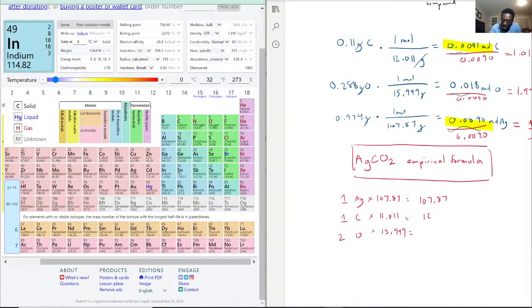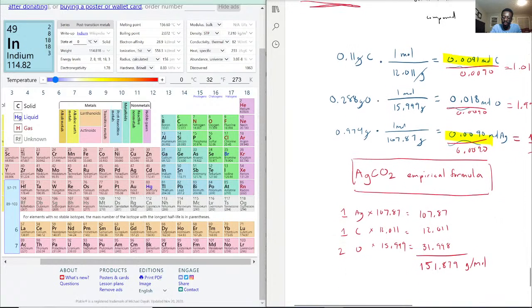So 107.87, 12.011, 31.998, and then we add them together, plus 107.87. 151.879 is what we get, grams per mole.